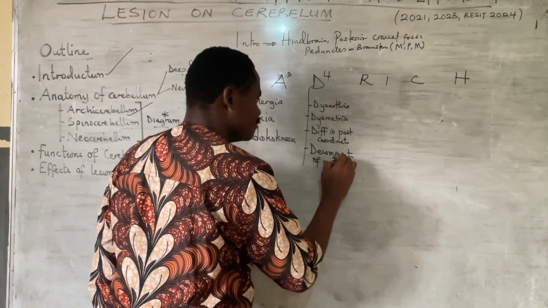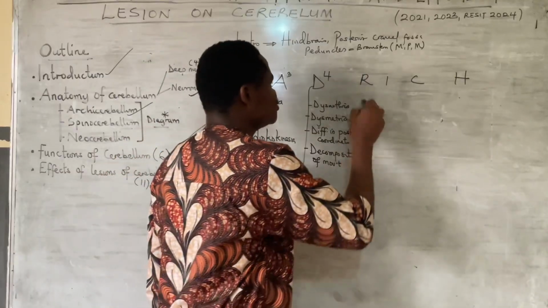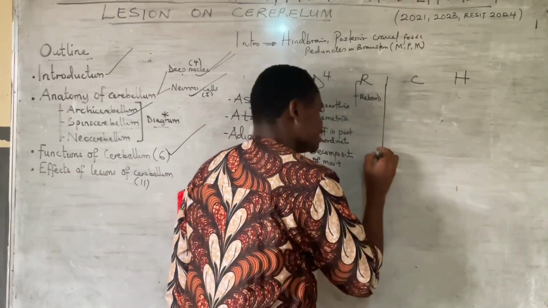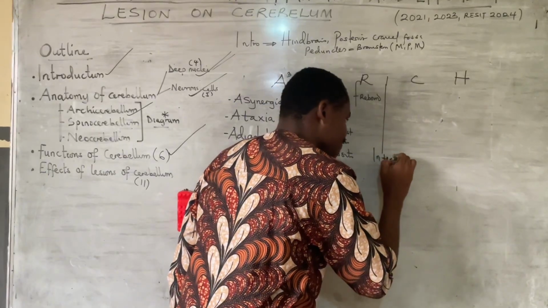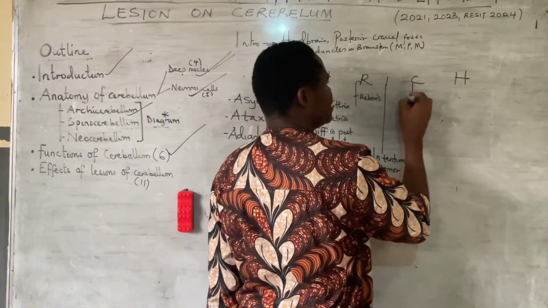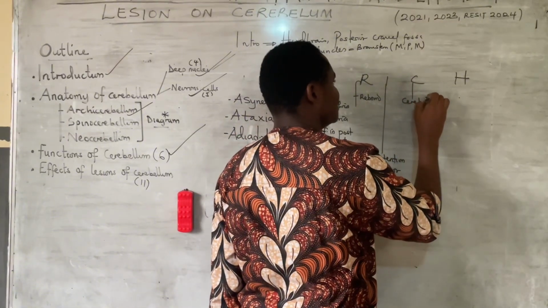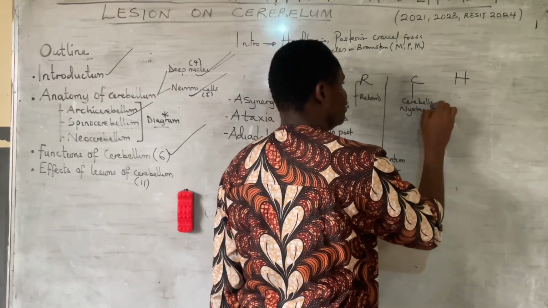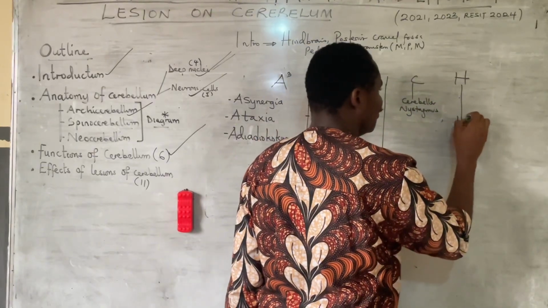Now the R tells you about rebound. The I tells you about intention tremor. The C tells you about cerebellar nystagmus. The H tells me about hypotonia.